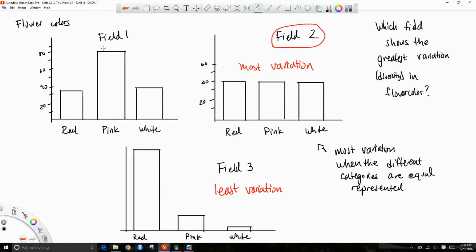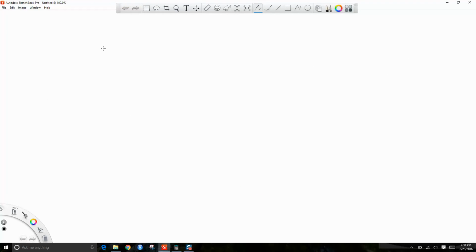All right. There's another way to display categorical variables, and that is with the pie chart. Now, in general, pie charts are not good.